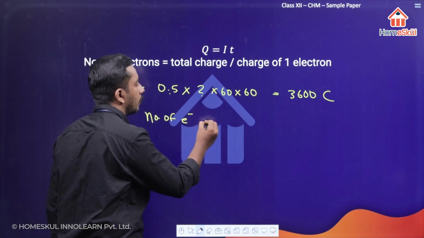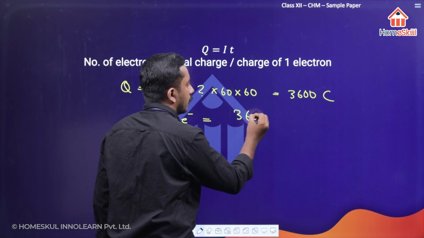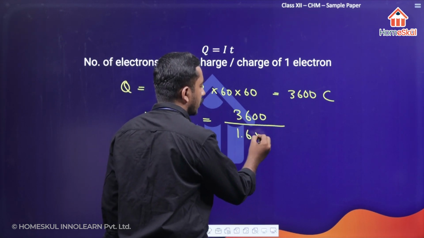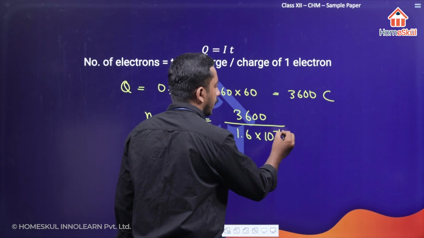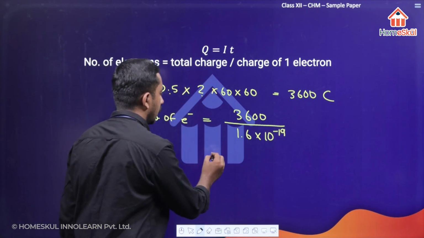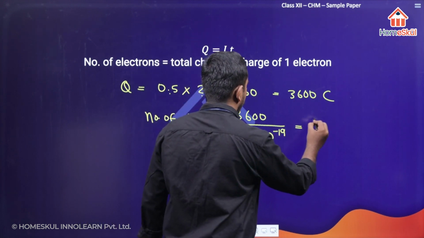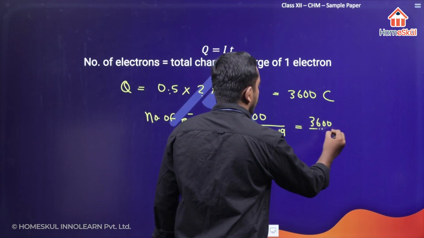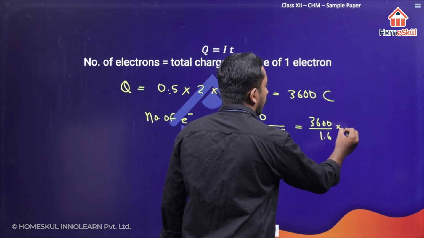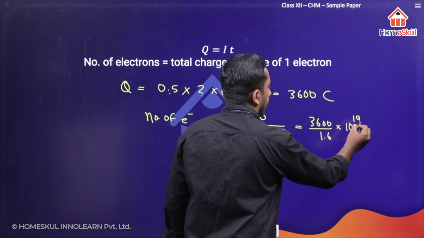So the number of electrons will be 36,000 divided by 1.6 into 10 raised to minus 19. That will give you the total number of electrons. So that will be 36,000 divided by 1.6 into 10 raised to 19. Right.